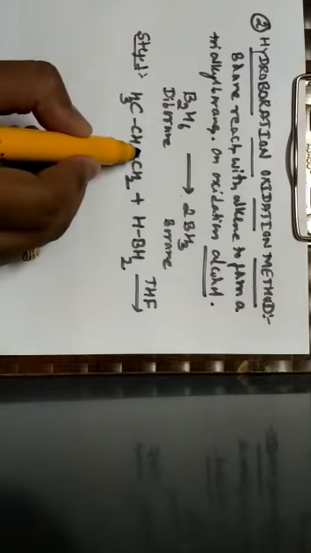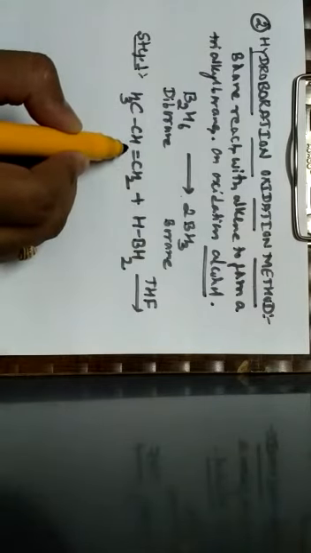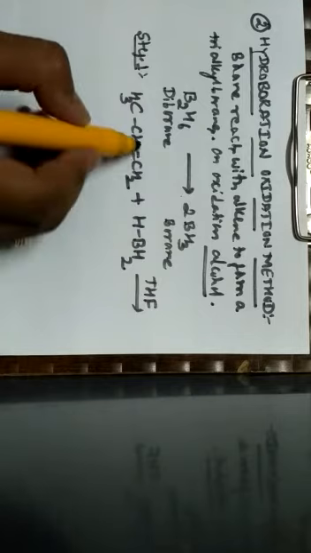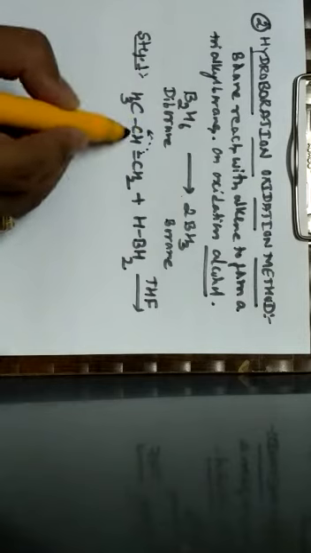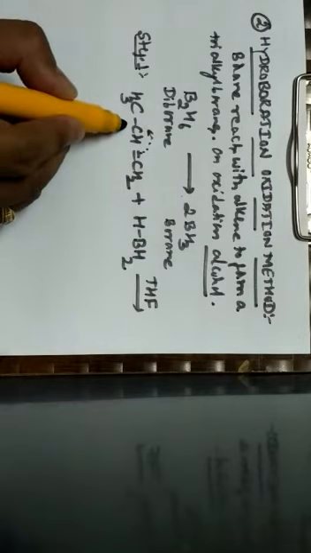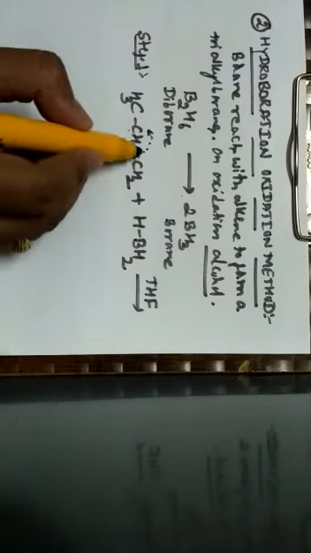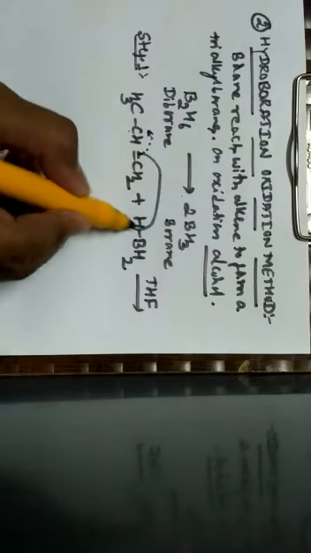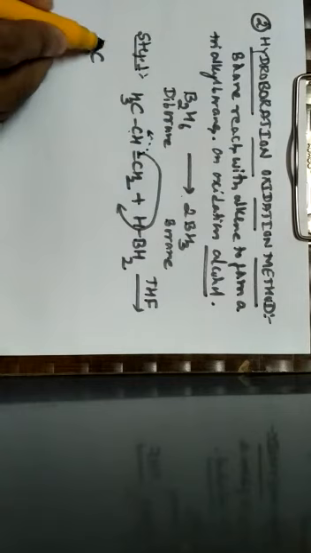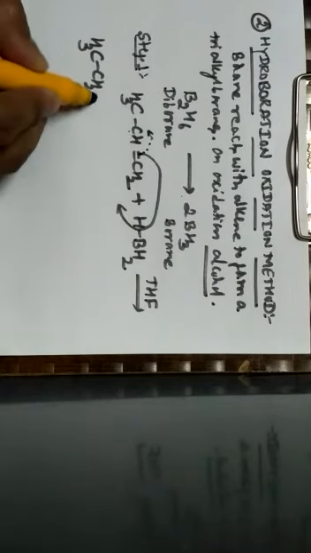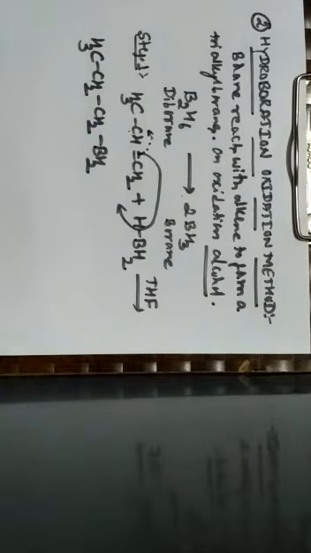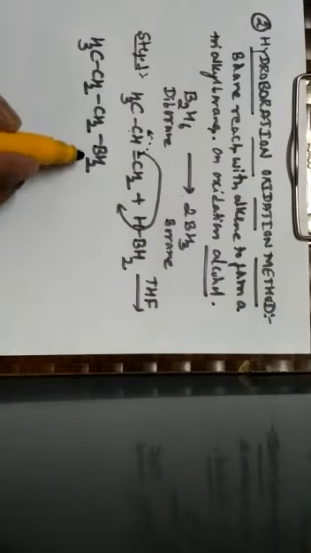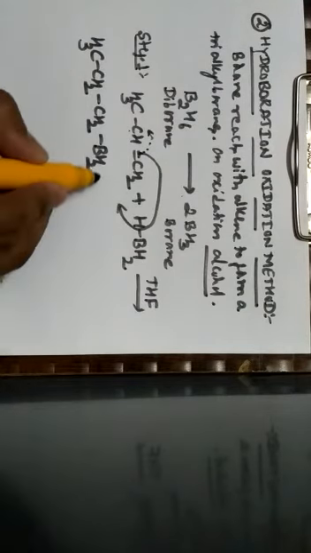In this double bond, the pi electrons will shift onto the respective carbon, and the pi electrons will abstract the hydrogen, so that I get CH3CH2CH2 bonded with BH2. This is known as alkyl borane, because only one alkyl group is present along with BH2.